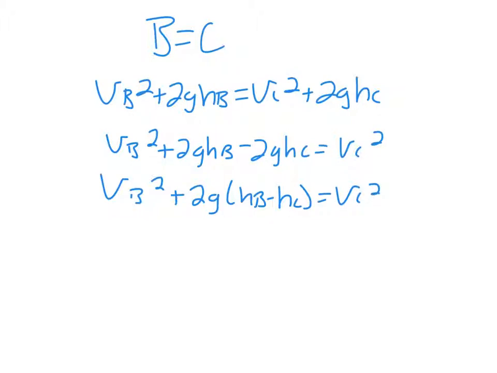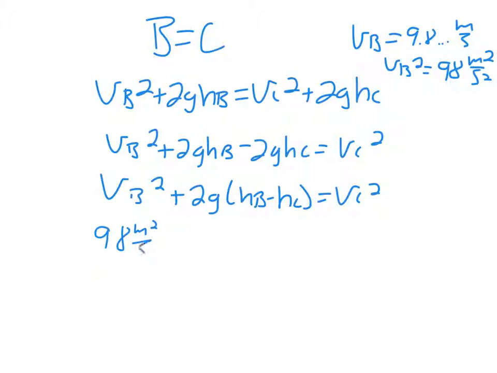We already solved for VB, and if you'll recall, VB equaled 9.8, kept on going, meters per second, but we took that extra step and also wrote down that VB squared was 98 meters squared per second squared. And this was before when I solved for VB. So I know that VB squared is 98, so I'm just going to put that in right here.